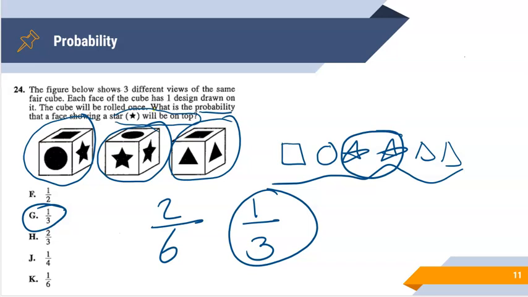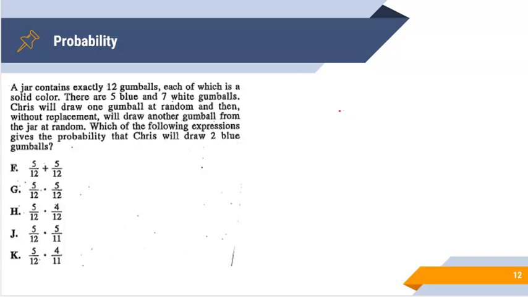Okay, one more, and I want you to do this one as well. Okay, we're trying to find the probability that Chris will draw 2 of the blues, right? Well, target over total. There are 12 gumballs, and 5 of them are blues. So the probability of getting 1 of the blues is 5 over 12.